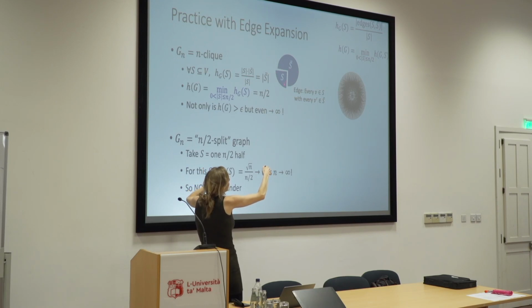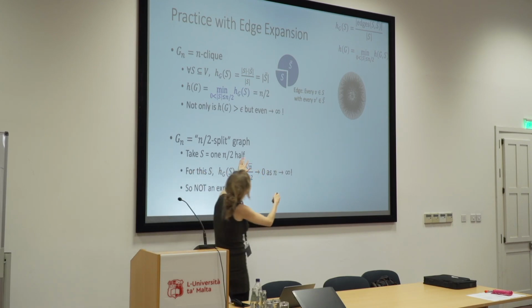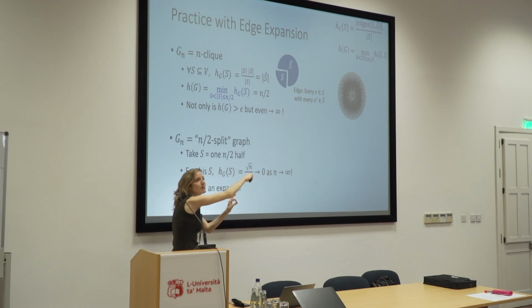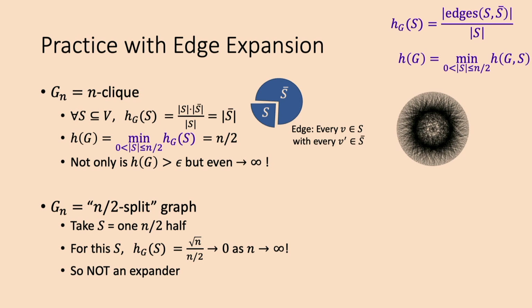For every single vertex in S and every single vertex in S bar, there's an edge. It's fully connected. That means the number of edges going across is the size of S times the size of S bar. For each of these pairs, I have a distinct edge going across.